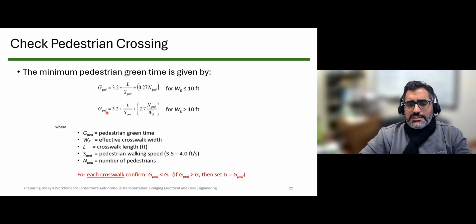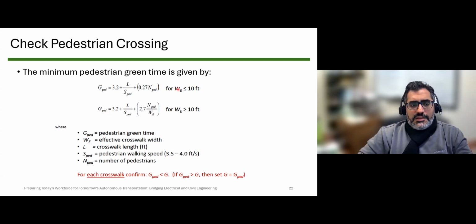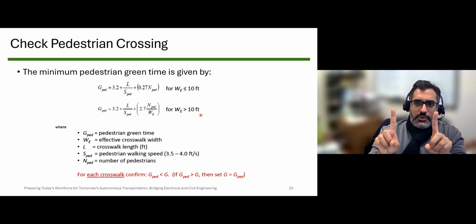But I found this to be one of the most effective ones for finding the duration of green for pedestrians walking. What is that? It is based on the effective crosswalk width, whether it is less than or equal to 10 feet or more than 10 feet. That is the width of the crosswalk, not the length. I'm talking about the width.